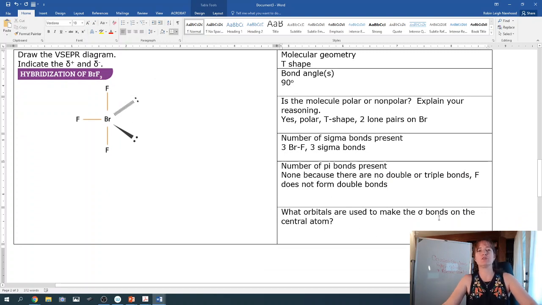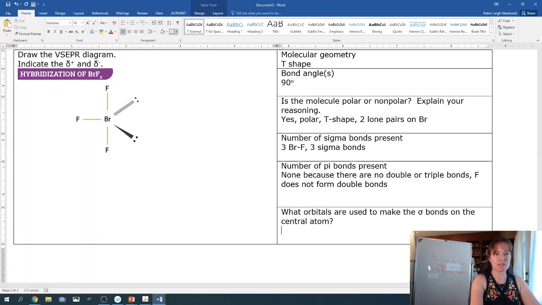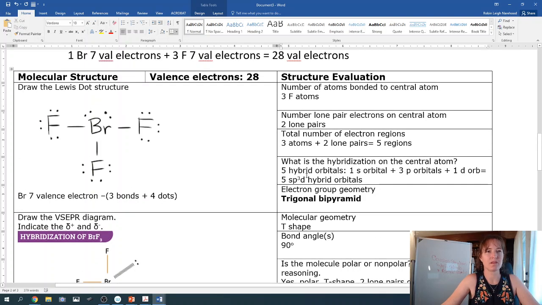What orbitals are used to make the pi bonds, or the sigma bonds? The sigma bonds are always created using the hybrid orbitals. And so our hybrid orbitals are sp3d.